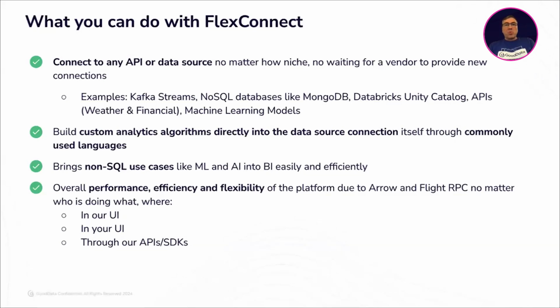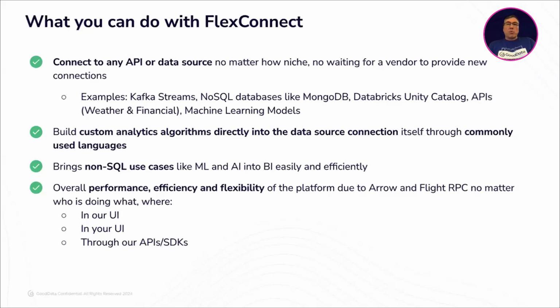Another interesting thing about FlexConnect is that you can add your own custom algorithms inside and implement your business logic. And thanks to that, you can, for example, do some additional data governance. You can, for example, restrict access to some data, or you can anonymize data. You can provide benchmark data while you are not giving access to the detailed data about each individual competitor.